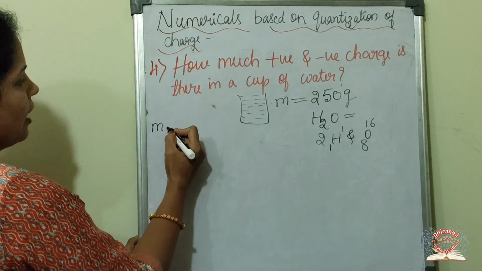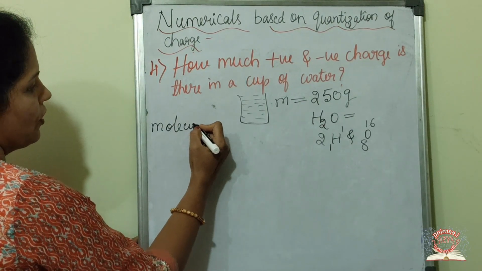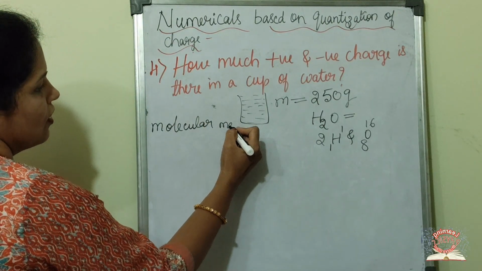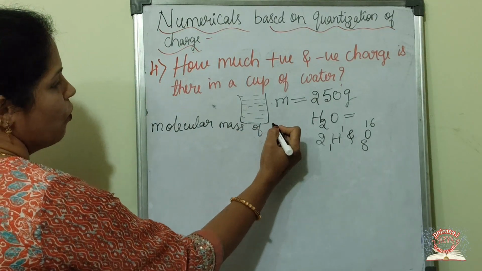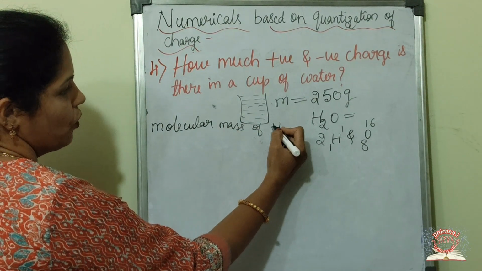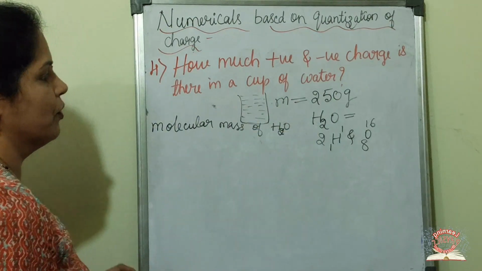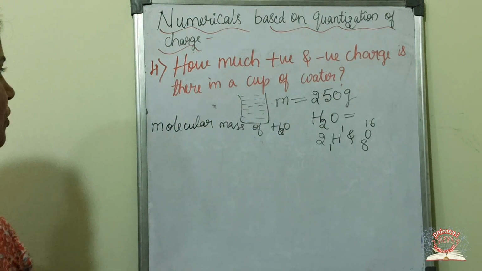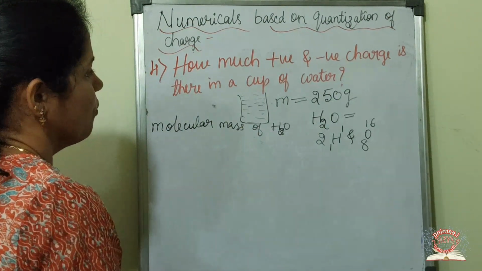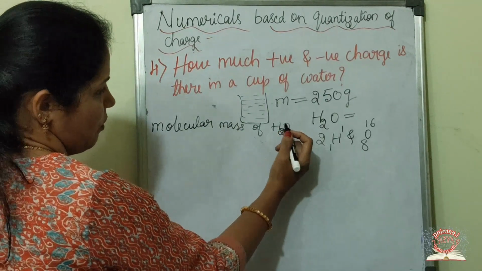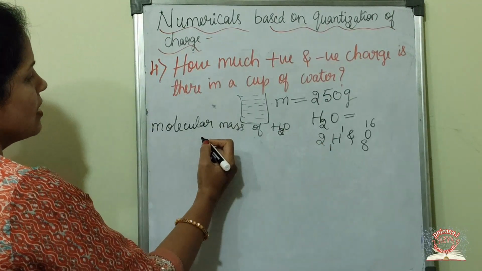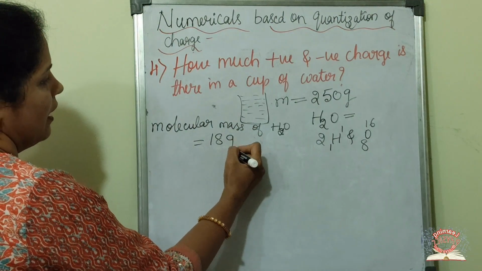Therefore, the molecular mass of 1 molecule of water is 18 gram.